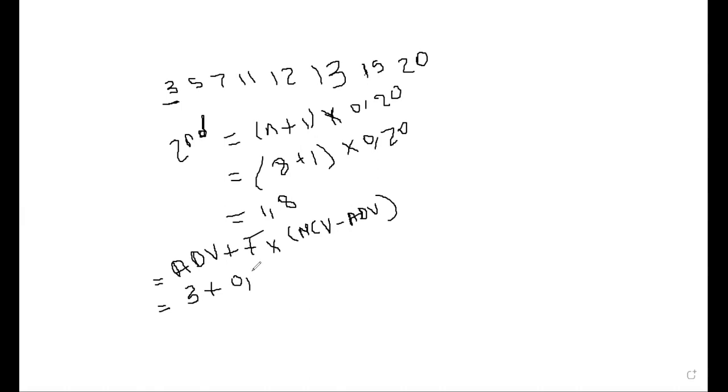Then multiply by the next consecutive value after 3, which is 5, minus the ADV, which is still 3. What is the answer?